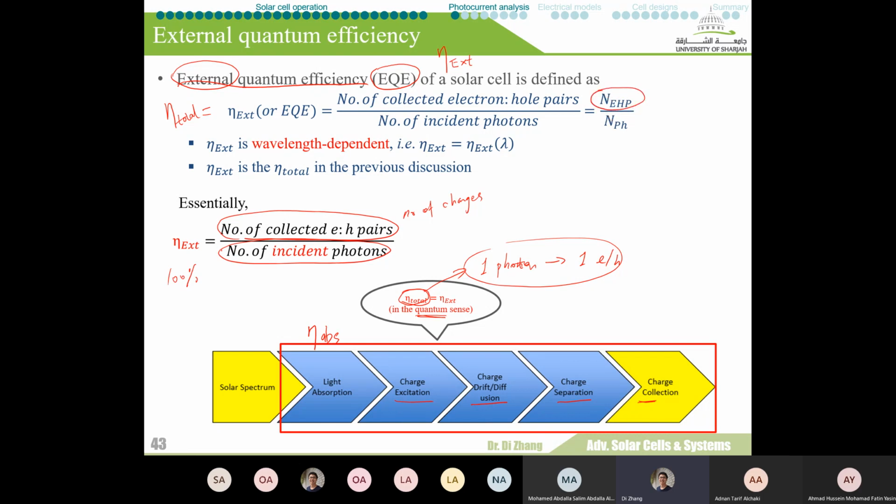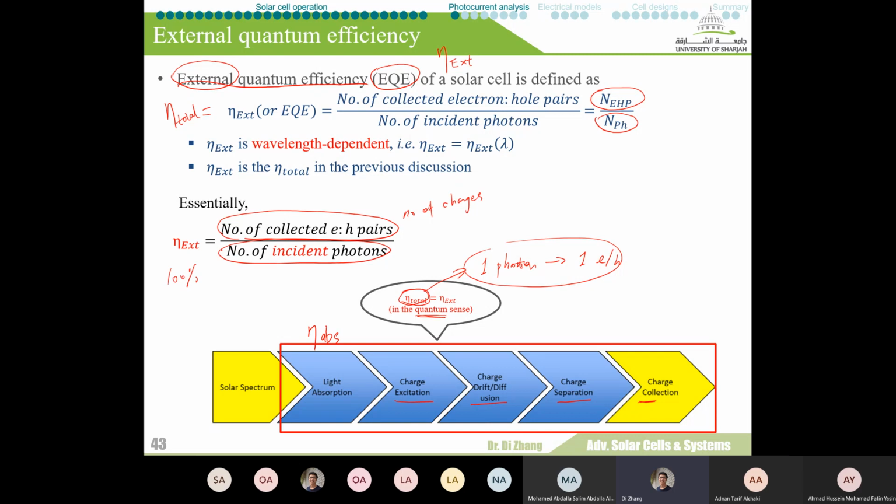EHP stands for electron and hole pair, and this will be the number of photons. And from the definition, we need to define that the number of electron and hole pairs and the number of incident photons happen within the same duration of time.